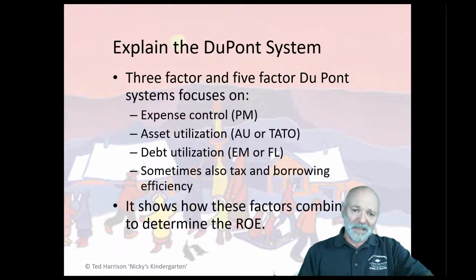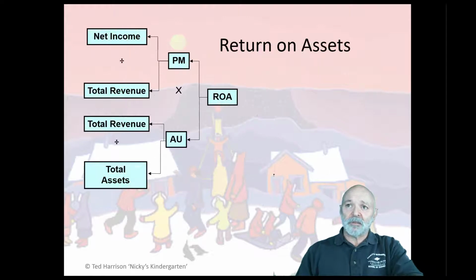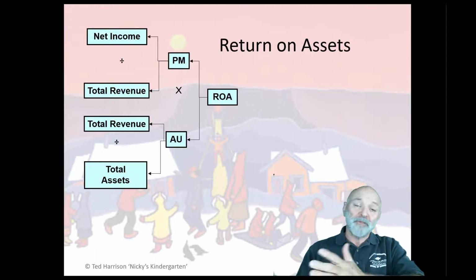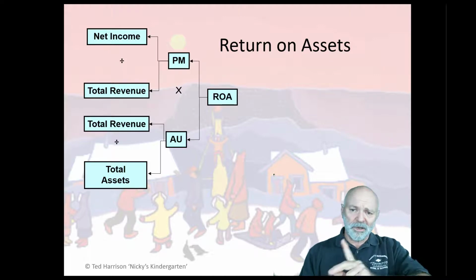Our return on assets is determined by profit margin times the asset utilization. In fact, you can see that in a model like this. Profit margin, net income divided by total revenue. Wait a second. Remember I said at the beginning, sometimes we can use different numbers in the numerator.